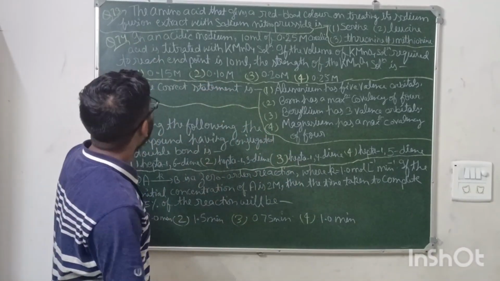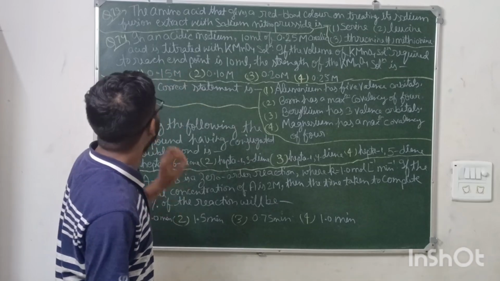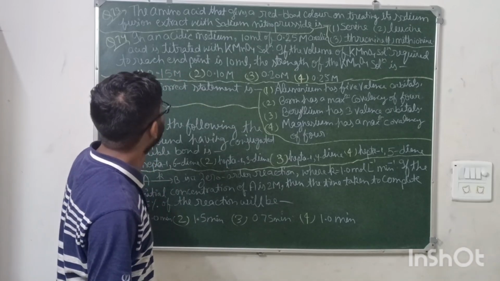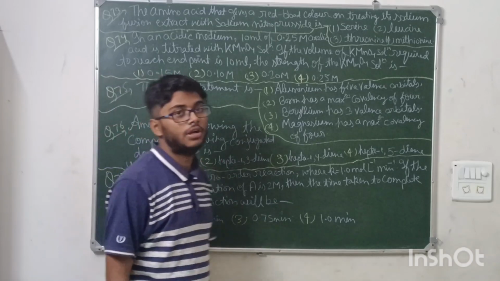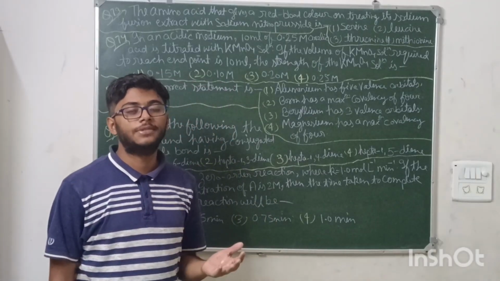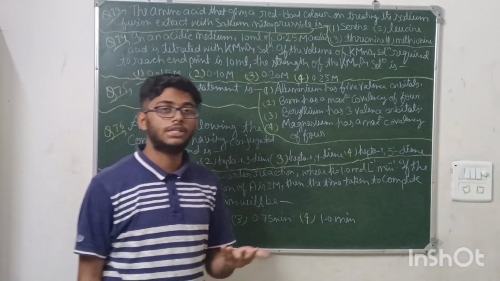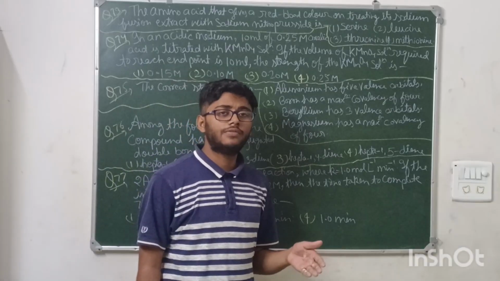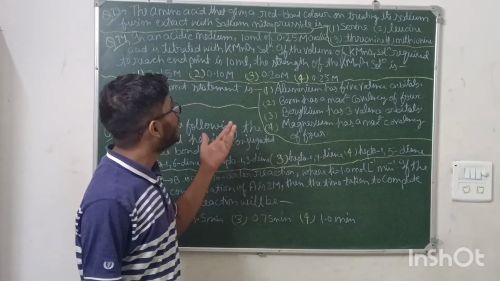It is saying that the amino acid that gives a red blood color on treatment of its sodium extract with sodium nitroprusside is, which gives red blood color. So in practical organic chemistry, you generally learn that compounds that contain sulfur generally give red blood color on treatment with sodium nitroprusside.